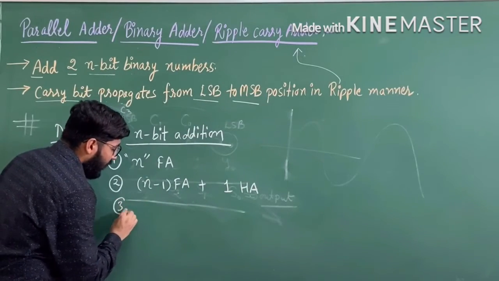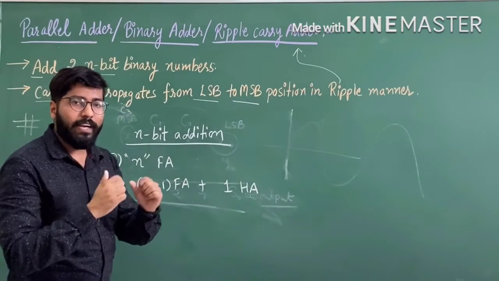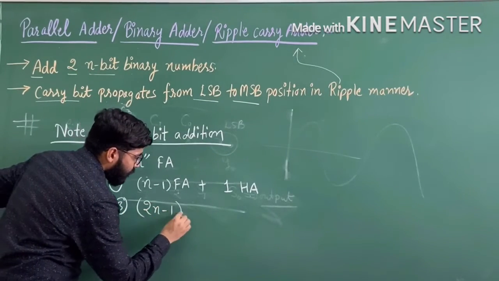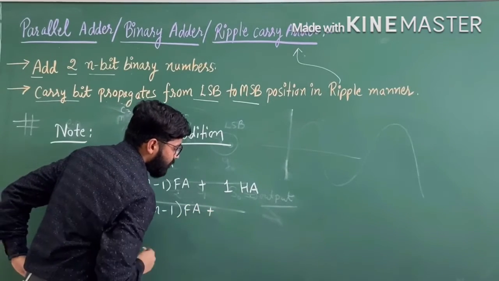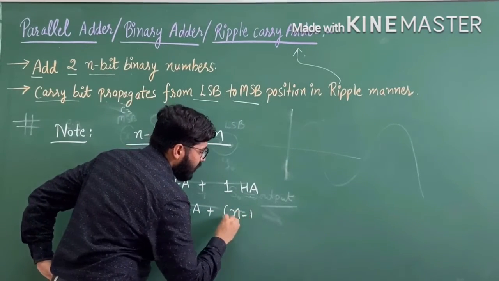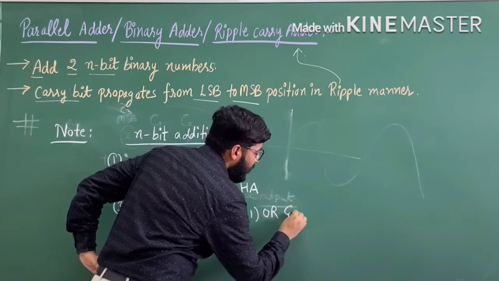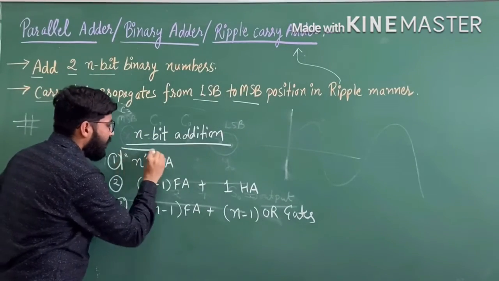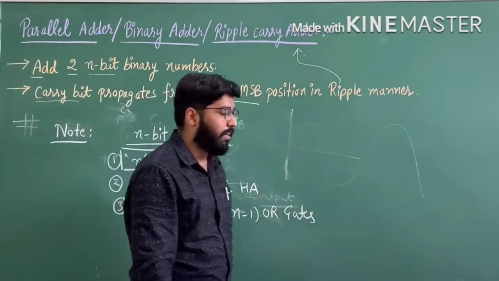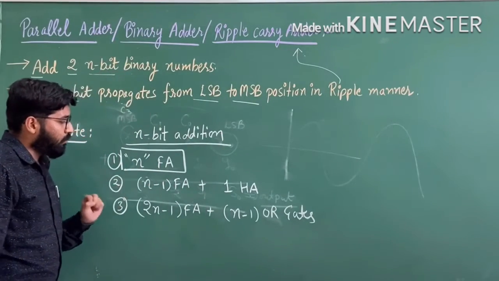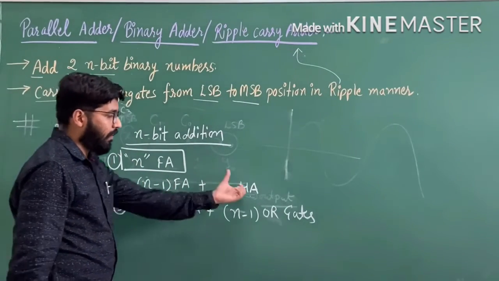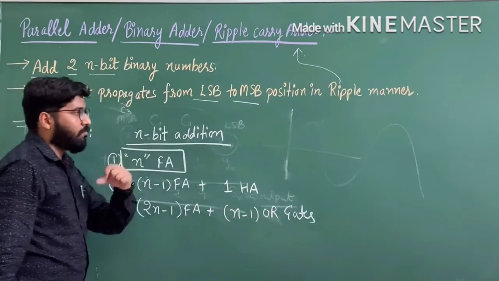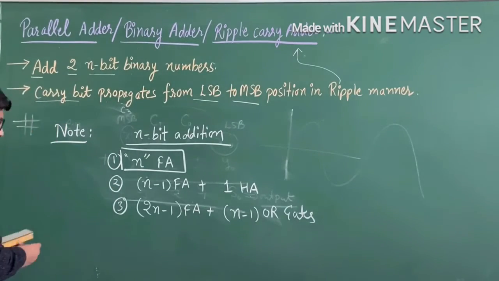Now, if we want to calculate the combination of full adders and OR gates, we have the formula 2n minus 1 full adders plus n minus 1 OR gates. So these are the conditions for n-bit addition. Suppose in the GATE exam it is asked to find the number of full adders, you have to use this formula. If the question asks for the number of full adders and half adders, you have to use this formula. If there is a question on full adders and OR gates, you have to use this formula.